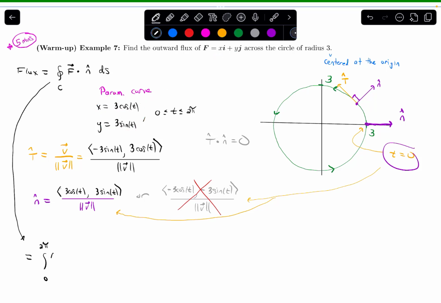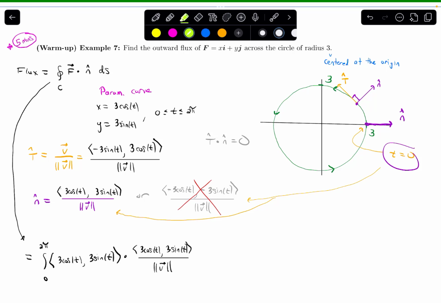So that'll give me a vector where for x, we're plugging in 3 cosine t, and for y, we're plugging in 3 sine t. And then that whole thing should get dotted with my normal vector, which is 3 cosine t, comma, 3 sine t, that whole thing divided by the length of the velocity.